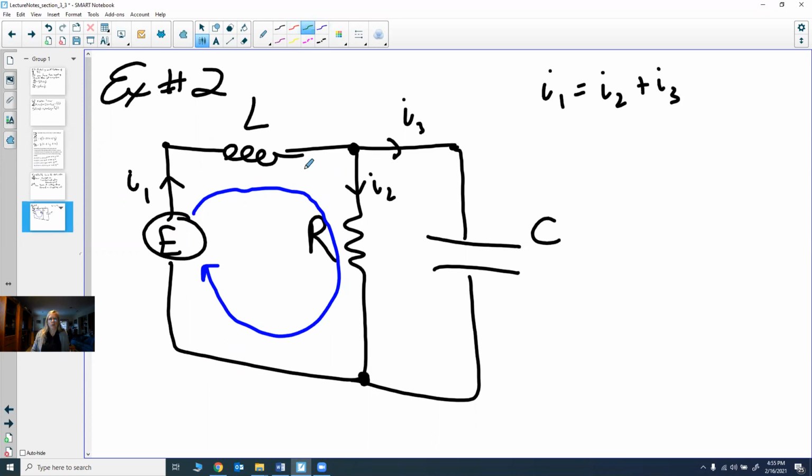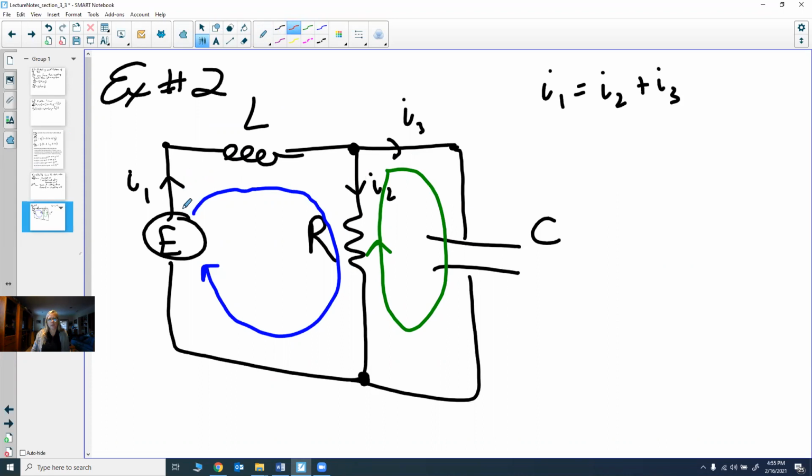Another loop would be, we're coming along here and suddenly we decide we're here at I3. We travel this way through I3, we come through this capacitor, and maybe we come back up through R and back to where we started. So we're going this direction for this one. There's actually a third one, if you want to see it, and you can use any of the ones you want.